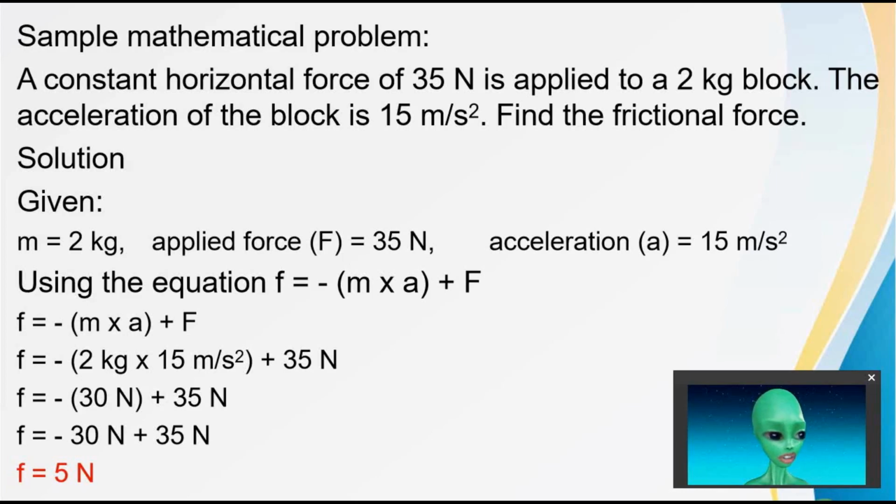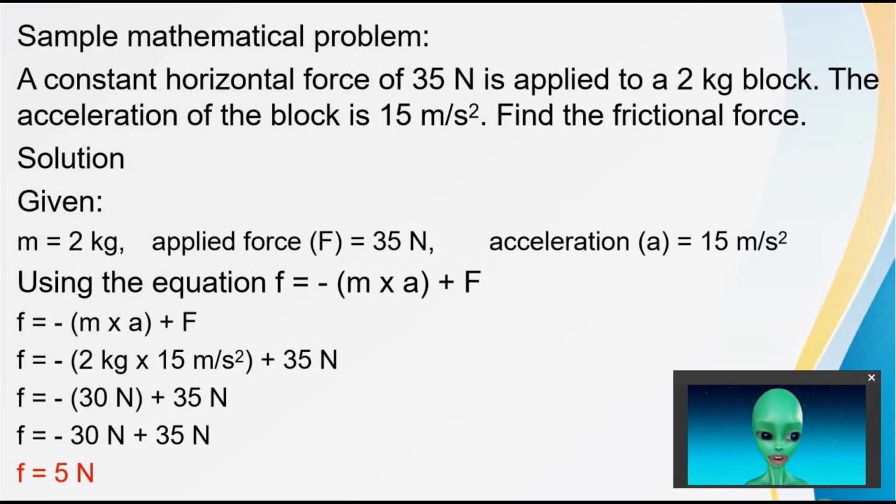Using the equation, let's substitute the given. So we have friction is equal to the negative product of 2 kilograms times 15 meters per second squared. The answer is 30 newtons. But don't forget there is a negative sign there, so it becomes negative 30 newtons. Then finally we add 35 newtons because of MDAS.